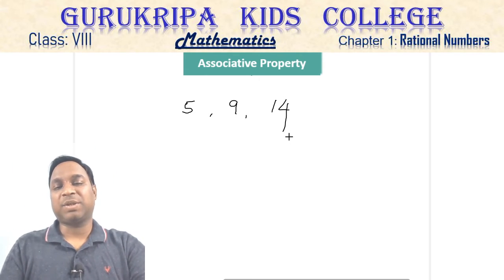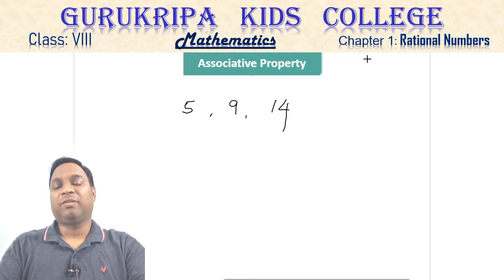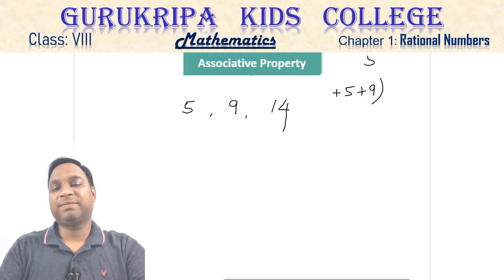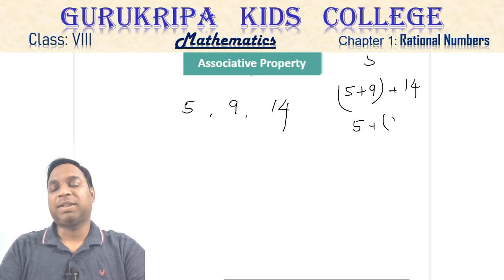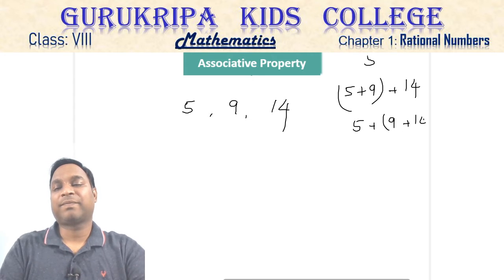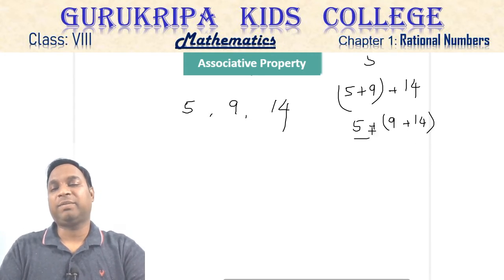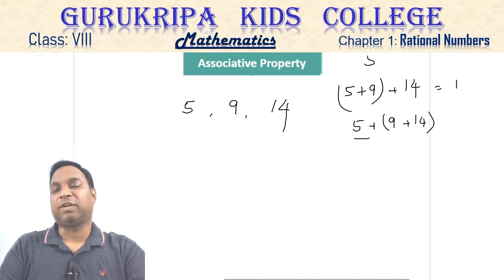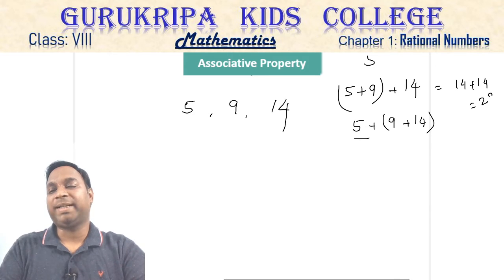And we have discussed already that we can do 5 plus 9 first, and then we can add 14. Or what we can do first 9 plus 14, and then we can add 5 to it. Both the ways we will get the same answer. What will we get? 9 plus 5 is 14 plus 14. That is equal to 28.